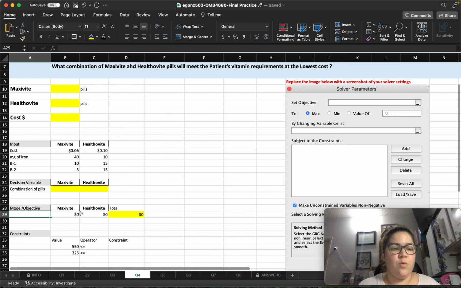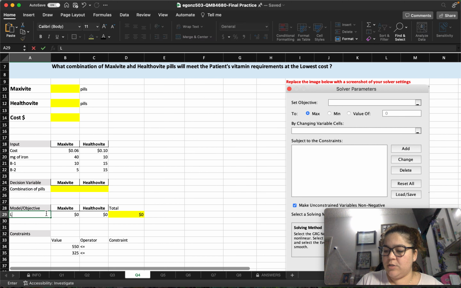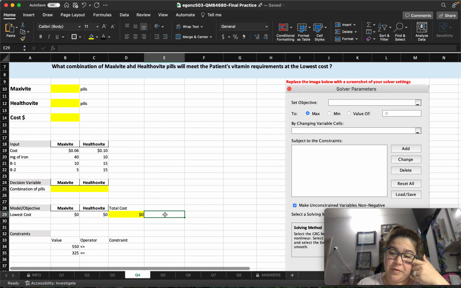In here, what are we trying to do? We're trying to look for the lowest cost, and so this is going to be total cost. So instead of total revenue like in the previous example, here it is going to be total cost, the cost to the patient of taking those pills.